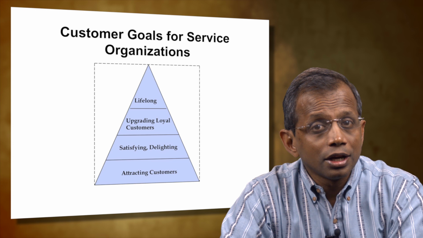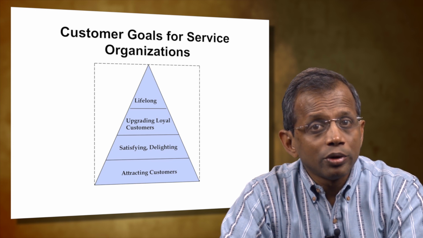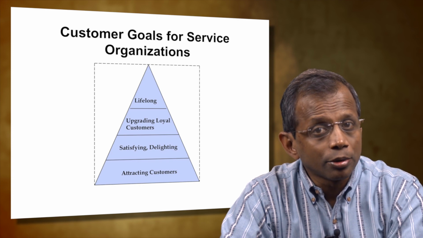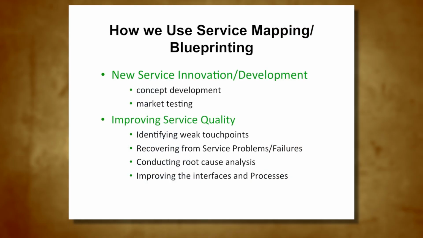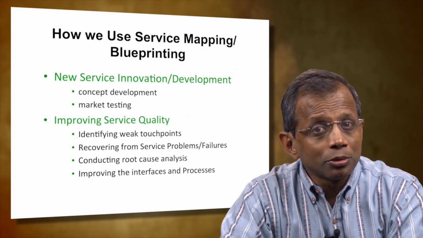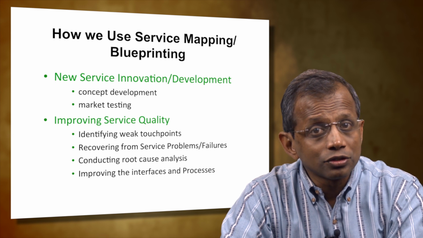By engaging in mapping and blueprinting, we can identify opportunities and also challenges in improving the service quality at our enterprise. As you may have already guessed, there are a number of ways we can put service mapping and blueprinting to good use. Broadly speaking, for improving performance quality, and also to design new services.